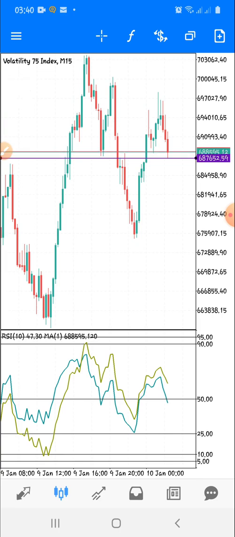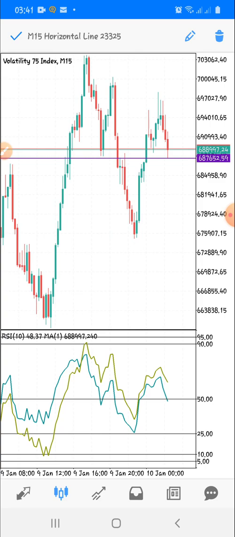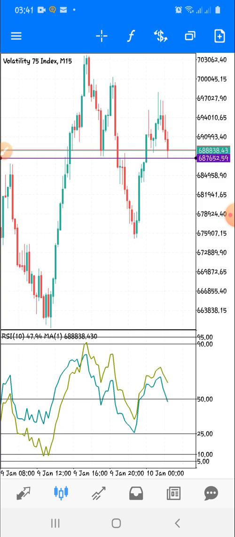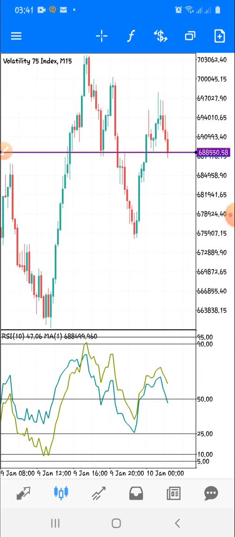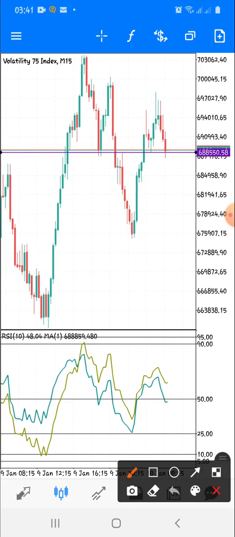But since the RSI is approaching to cross the 50% level, we are looking for a breakout. If it breaks this line, it is ready to be a sell. So after a confirmation candle, someone can attempt a sell and take profit will be at this area.